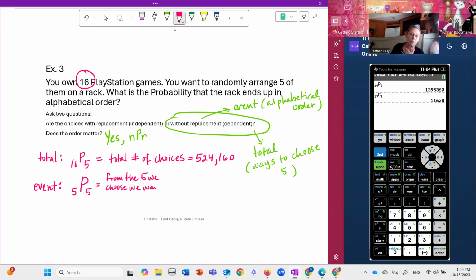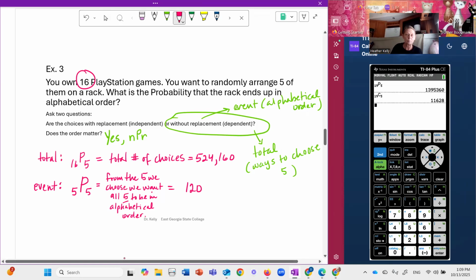We want all 5 to be in alphabetical order. All right. And so when we run that, it is equal to 120.